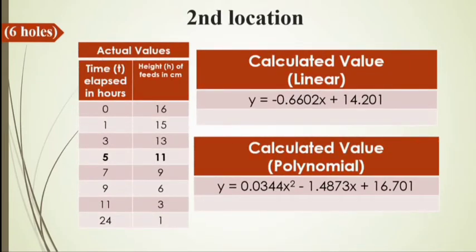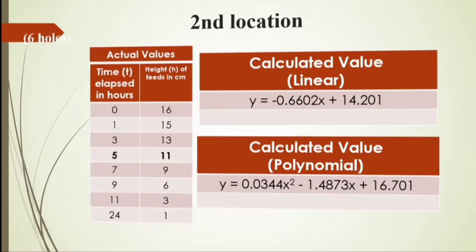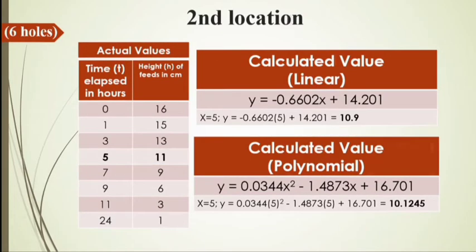Next, for our second location that has 6 holes, this is our actual value and the other one is the calculated one for linear and polynomial. For our linear, we have y is equal negative 0.6602x plus 14.201. If x is equal 5, then the calculated value for linear is 10.9.